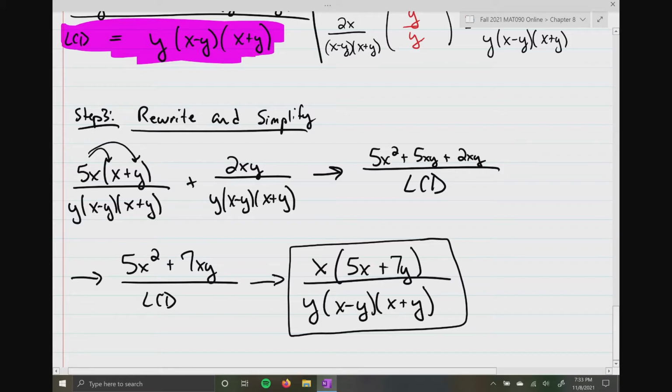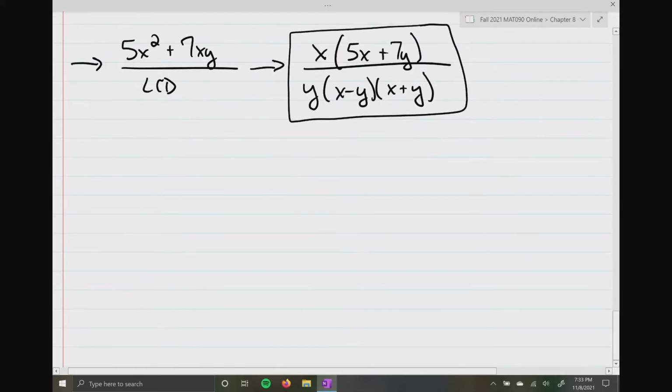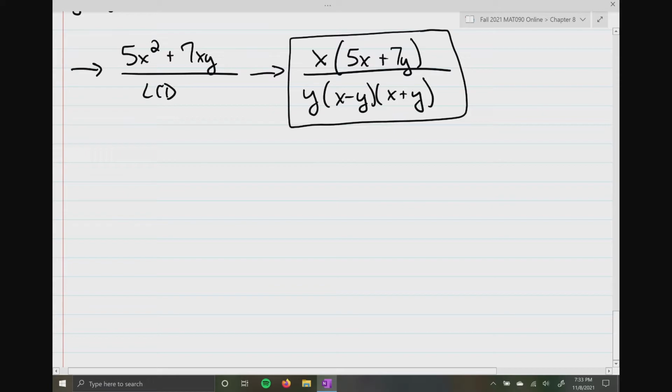All right? So now, in the next example, you're going to see why it is so important that we write out these steps. So here's a pretty straightforward one. We're going to subtract y over y plus 4 minus y over y minus 5.